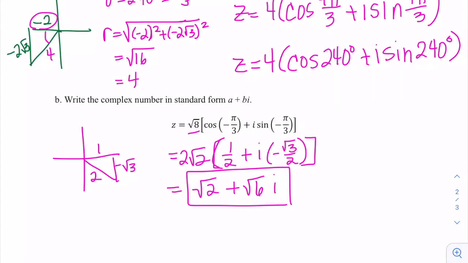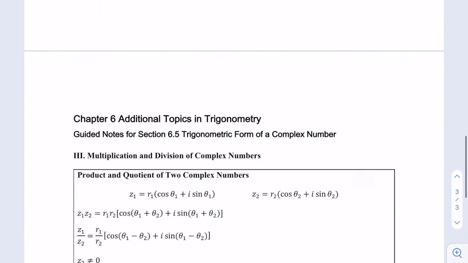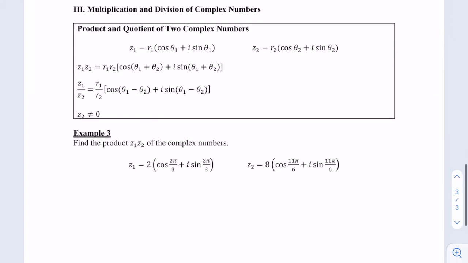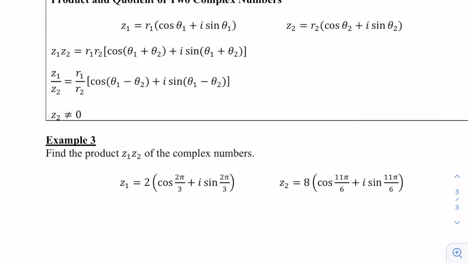Now we're going to get into why it's useful to change these complex numbers into trigonometric form. It's relatively easy to multiply complex numbers in standard form, but it's relatively easy to multiply them in trigonometric form as well. So when we multiply two numbers in trigonometric form, the product is going to be R1 times R2 times the cosine of the sum of the two angles, so the first angle plus the second angle, plus i times the sine of the sum of those two angles.